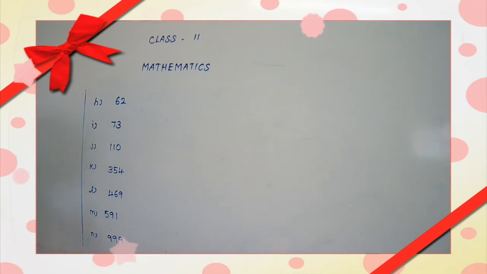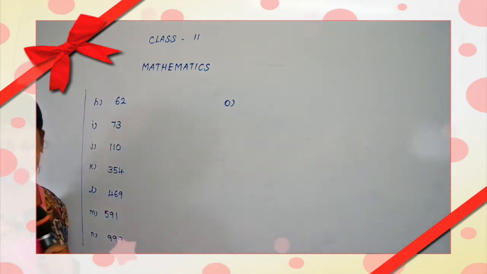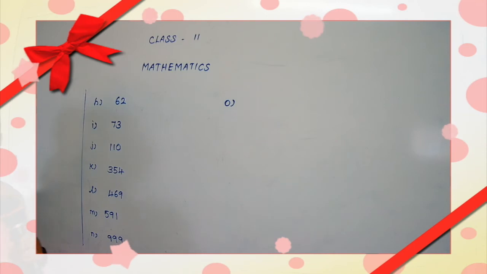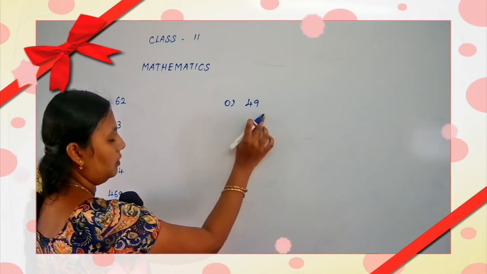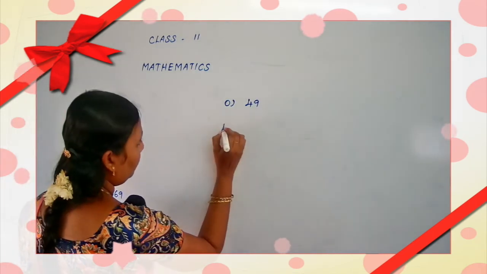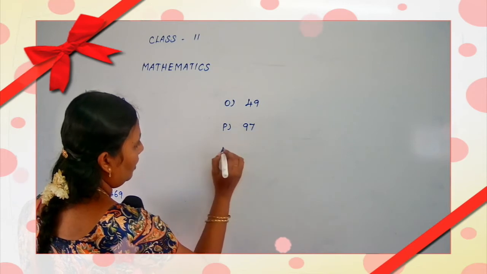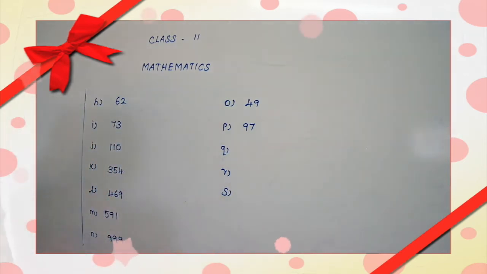The number between 48 and 50 is 49. Then you see the next one, P. The number between 96 and 98 is 97.